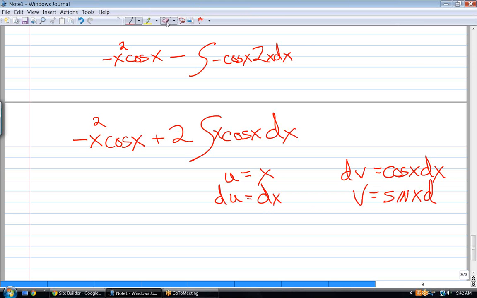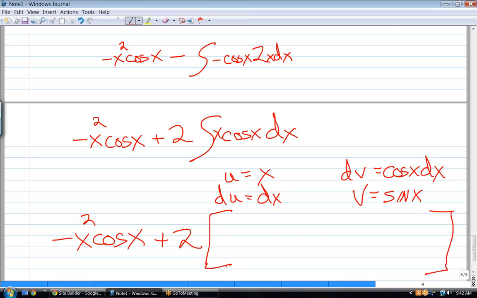So now we have minus x squared cosine x plus 2 times, let's put brackets here. And now our new uv is x sine x minus the integral of sine x dx.